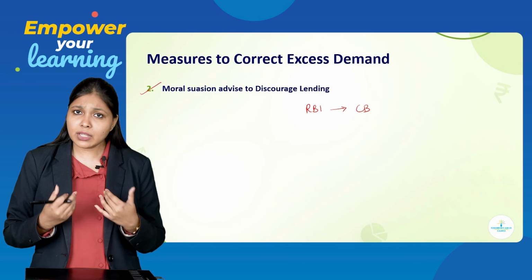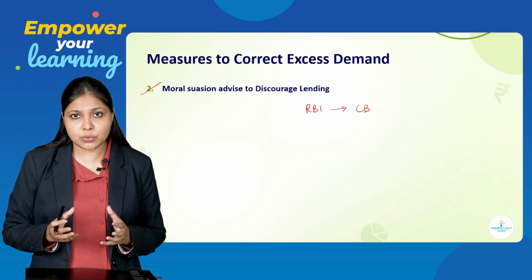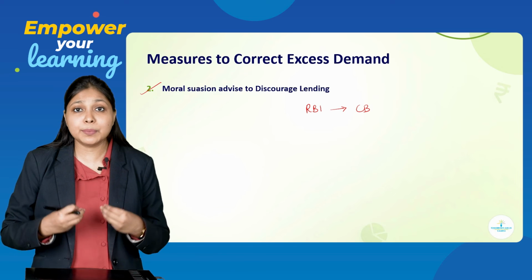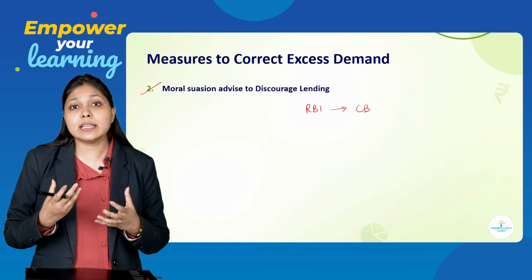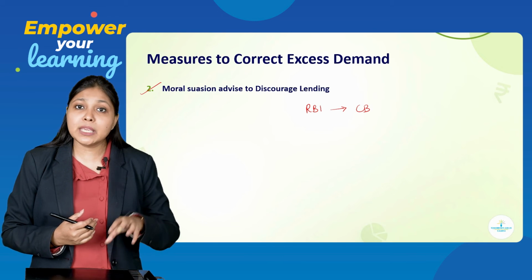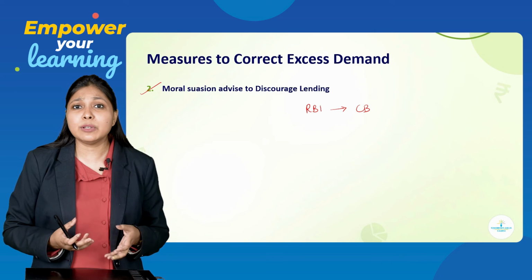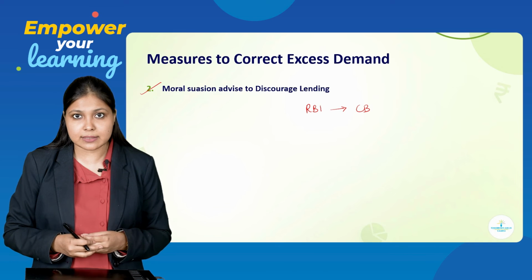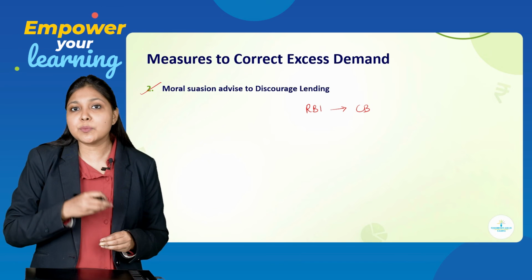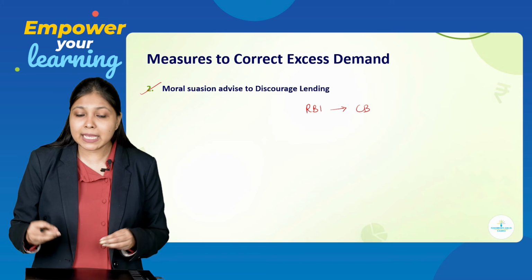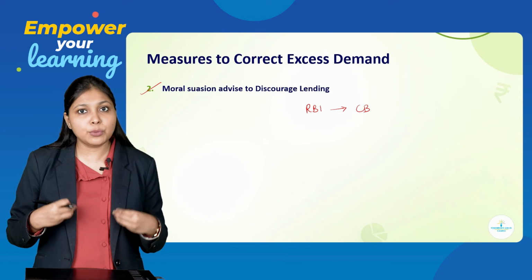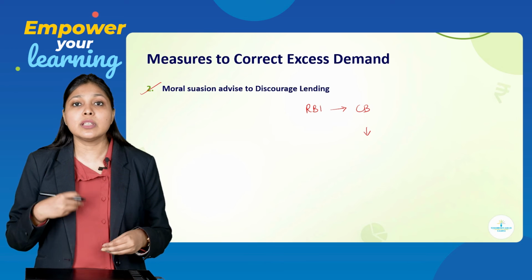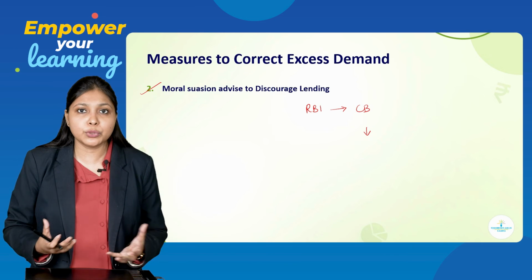So here, whenever there is an excess demand situation, RBI will pass the message to commercial banks: please reduce the credit availability. Stop giving loans for speculative or any unnecessary or non-productive activities. All the commercial banks will have to agree to the RBI, and then commercial banks will reduce providing loans to the people.